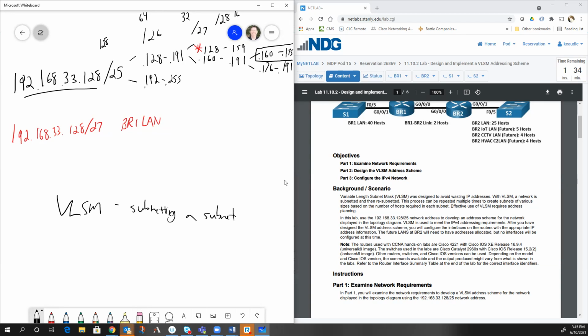So we're taking and breaking it down so that it matches exactly what is needed for each one of the networks. So now it's 192.168.33.160/28. And this would be for the BR2 LAN.